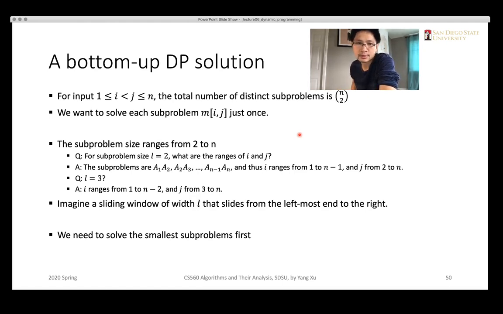We will solve all the subproblems of size 2 first, and then all the subproblems of size 3, and then 4 and 5, until we solve the last subproblem of size n minus 1.